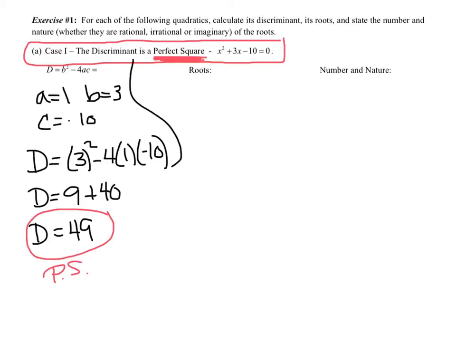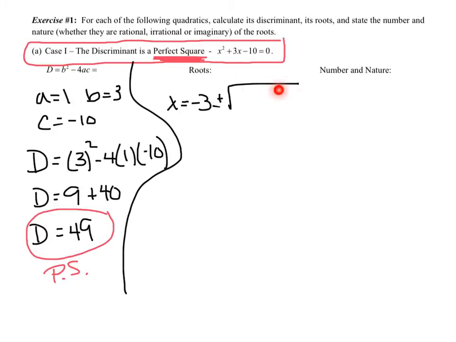Now, let's actually go get the roots. To find the roots, I just solve this equation. So I'll use my quadratic formula. Negative b plus or minus the square root. Now you already know what this turns out to be. B squared minus 4ac, we just found here. We got 49, all over 2a. Now as I clean this up, I'm going to get x equals negative 3 plus or minus, I know the square root of 49 is 7, all over 2.